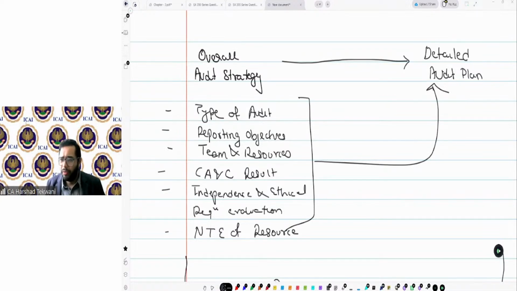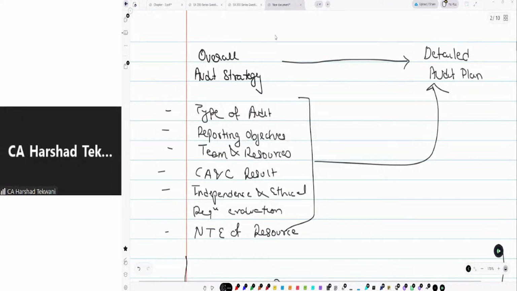Any doubt till now? Any doubt? So it is very important for us to understand what the audit plan is, what is the importance of the audit plan.